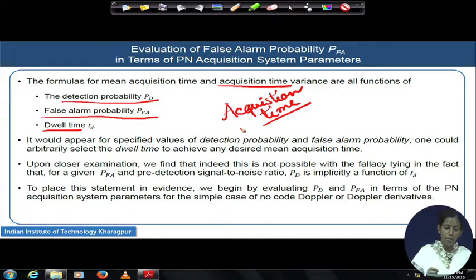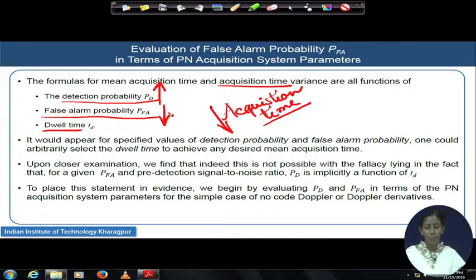Always try to devise an acquisition system with a very low acquisition time. It means the synchronizer is very fast, and hence you need a very high detection probability. At the same time, the probability of false alarm should be very, very low. This is the ideal situation that we always dream of, and it is the target of designing any synchronizer in practice.